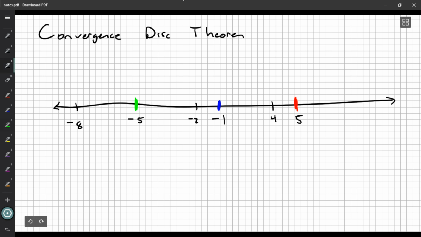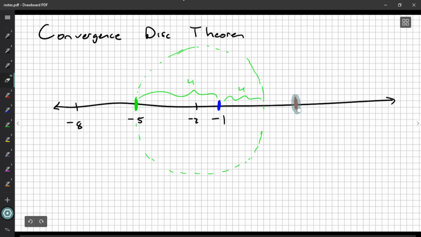Well, if we know, for example, that we've got convergence at negative 5, if we imagine drawing a circle around negative 1 that passes through negative 5, the radius of this circle would be 4. So my picture's a little lopsided. We should actually go through 3 over here. Let's move things down and get a real picture going.